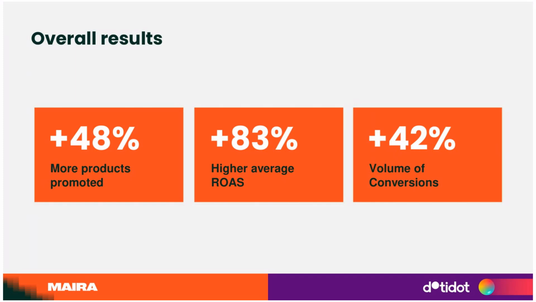Plus 83% higher average ROAS, so the budget is now working much better. And finally, plus 42% more conversions, meaning that's real revenue growth and not just some better ratios in the system. And all of this from one tool, 1 month of optimization, and the structured approach to product level data.